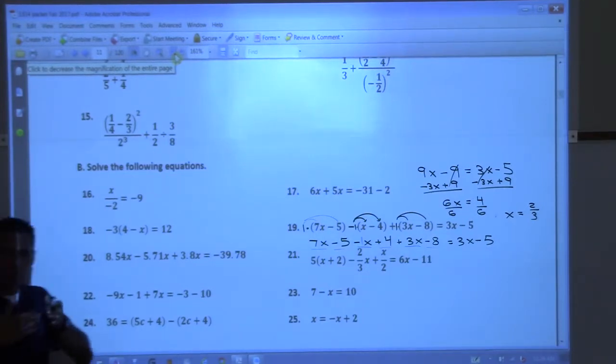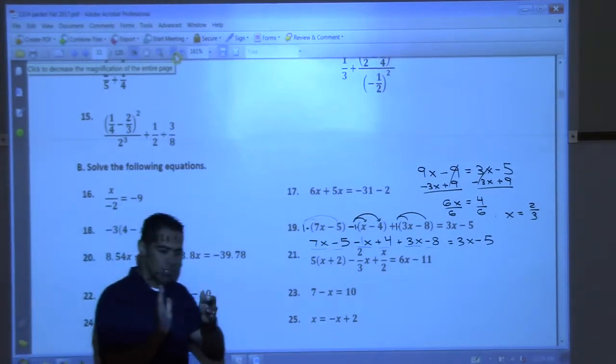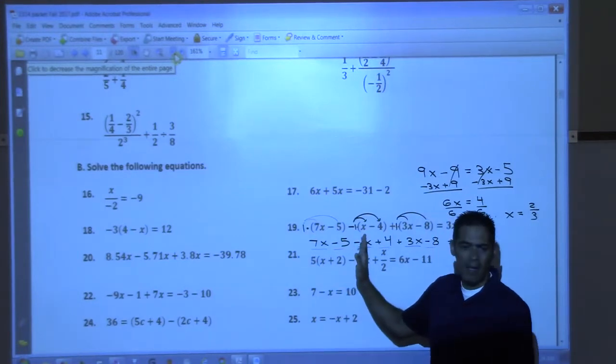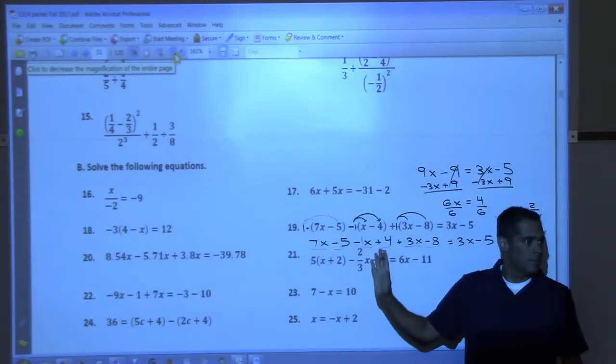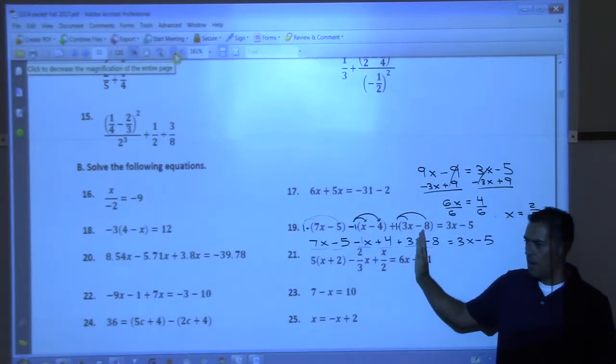So you know how we can move decimal points over? If you take an expression and you want to move the decimal point over one position to the right, what do you have to multiply it by? 10.